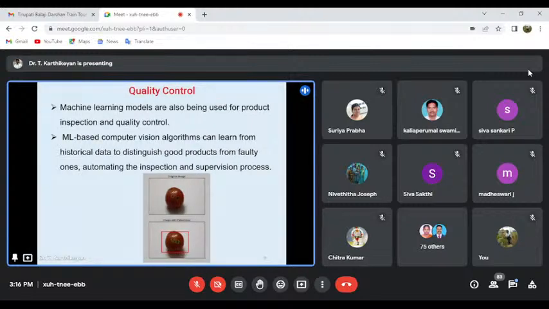We all know that image processing techniques can be combined with machine learning, and we can develop a special algorithm. This algorithm can be embedded with the systems or the machines. So this is one of the important aspects of machine learning, nothing but quality control. Machine learning offers significant savings in visual quality control in manufacturing.